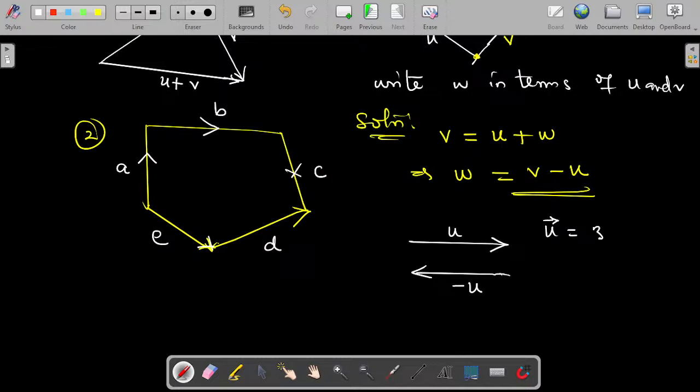If you turn it the other way around, the one in opposite direction will still have the same magnitude, but the only thing is that it will be negative.